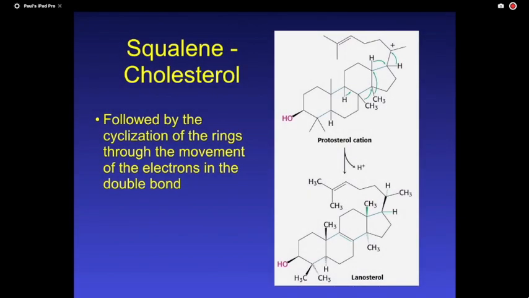And we create the ring structure. Now the animation said it takes 23 reactions to get to where we want. So I won't show all of the ring movements because that is not necessarily important. But we're on the road to get to cholesterol.